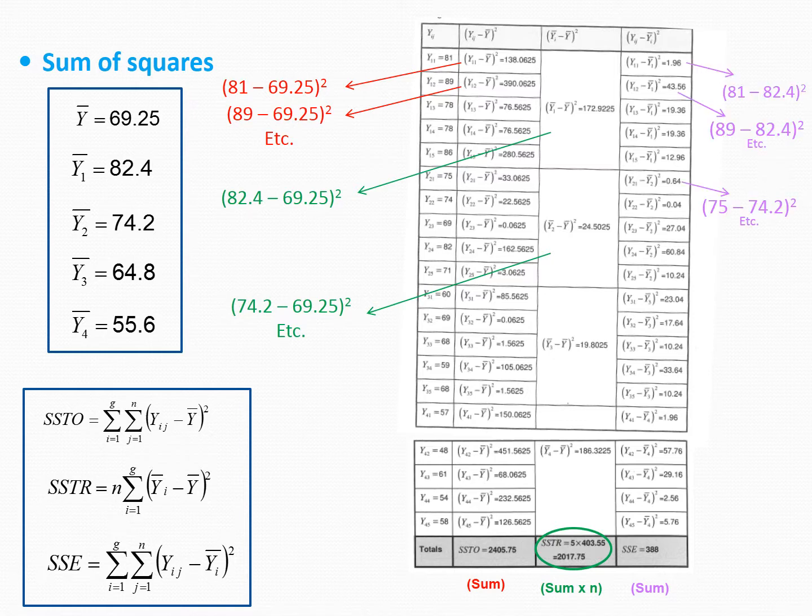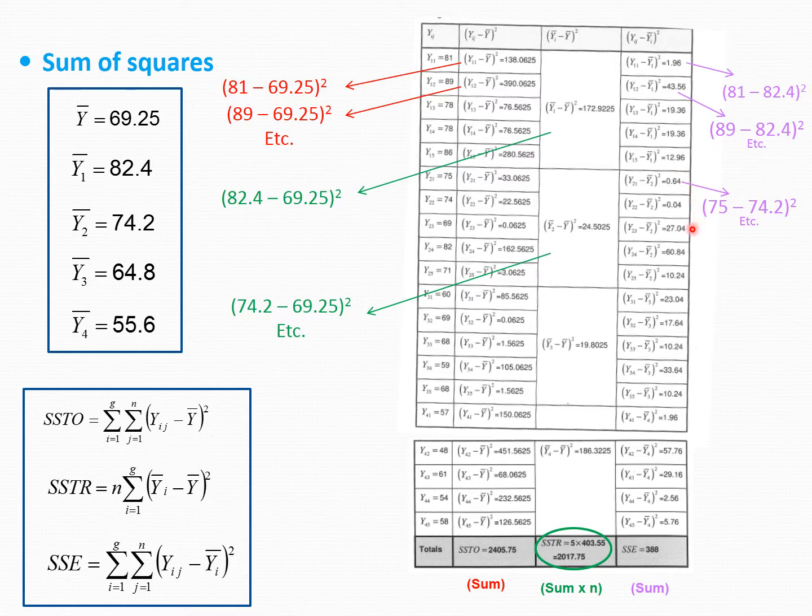So if you look at your formula, you take the difference between your individual observations each time and your group mean. So for the first 5 values in group 1, you will take your individual value, your observation there, and you subtract the group mean of 82.4. You repeat that for all 5 values.